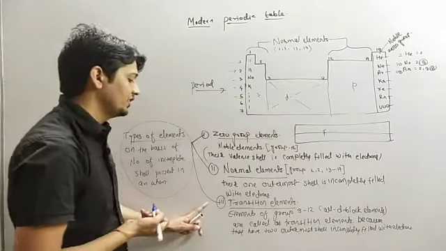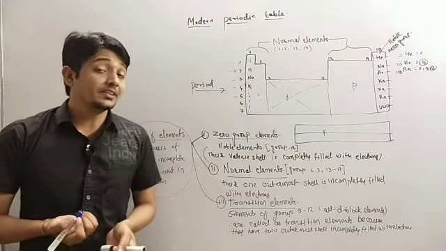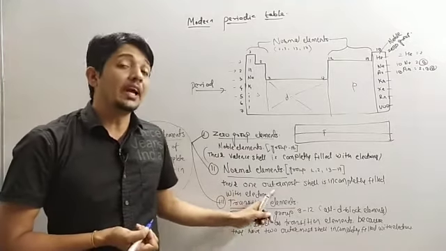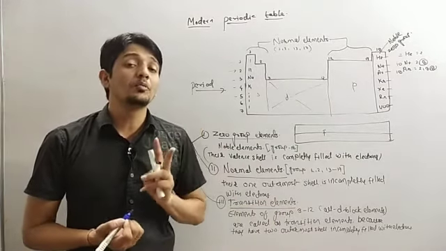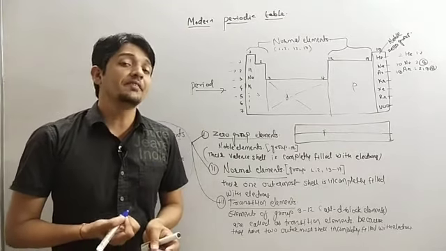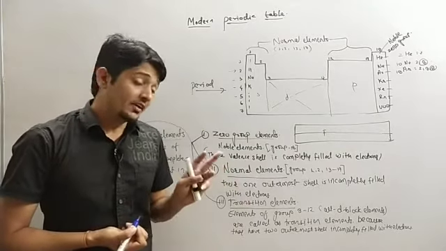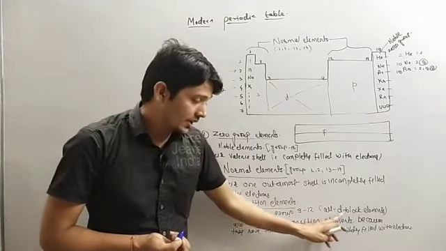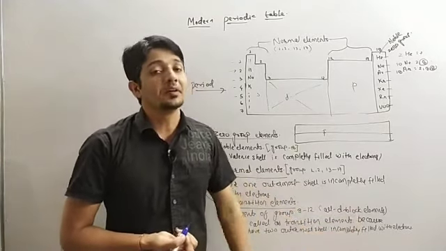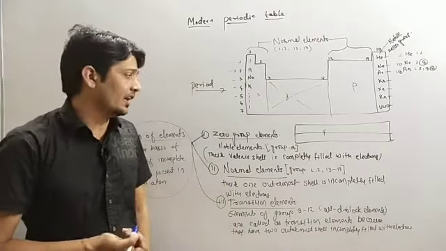Okay, so this is the third type. What is the third type? Transition elements. What are transition elements? The elements which have two outermost shells incompletely filled with electrons, and the elements of group 3 to 12, that means all the D block elements, are called transition elements.